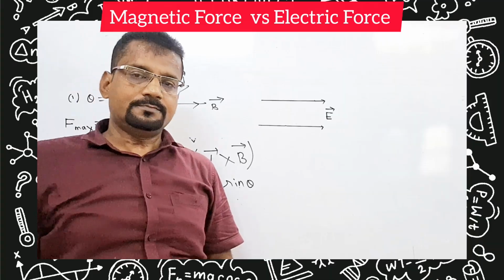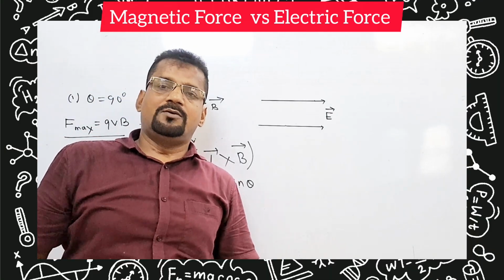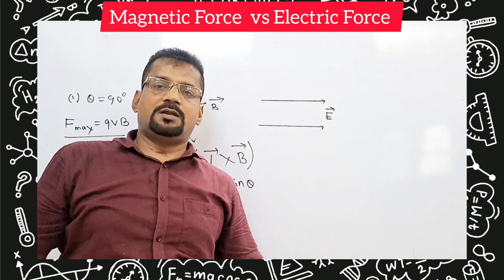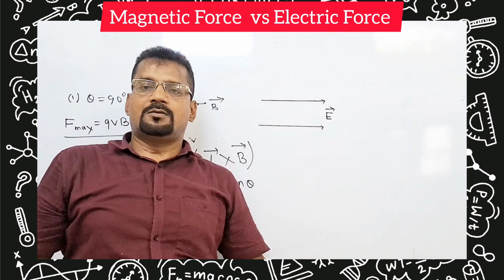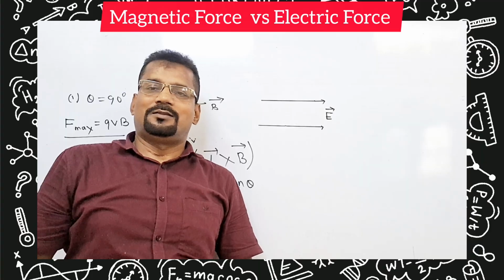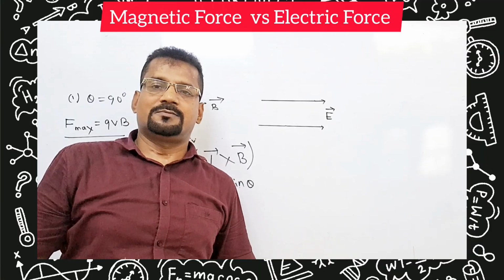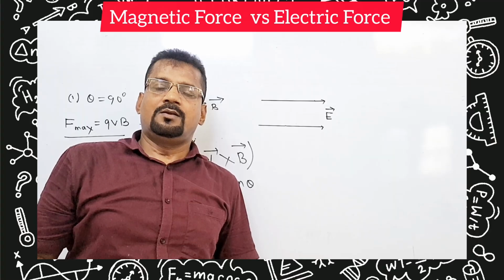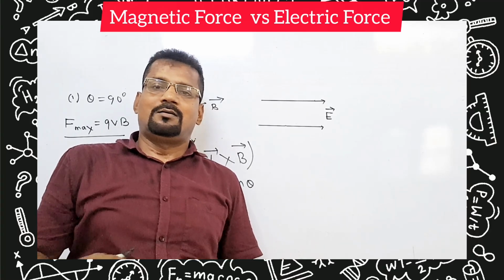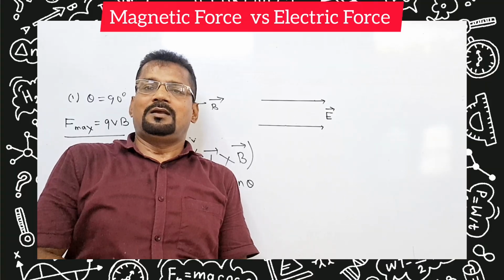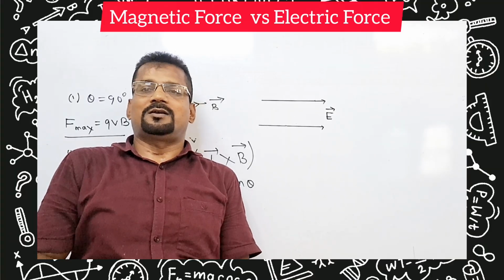Simple concept. As the force experienced by the charge is perpendicular to both the velocity vector and the magnetic field vector, in the direction of velocity there is no component of force experienced by the charge. So that's why whatever be the magnetic field, it can never change the speed of the charged particle.